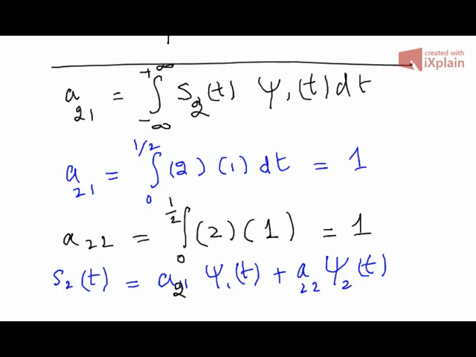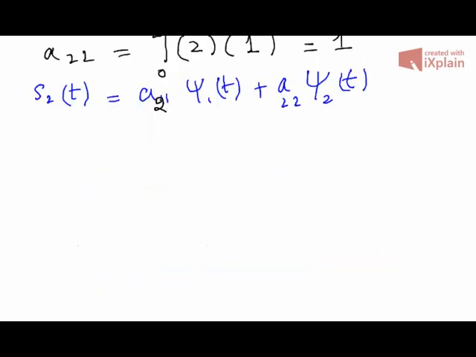We have already found these psi1 and psi2, both are unity, so we can say our S2 of t is equal to psi1 of t plus psi2 of t.